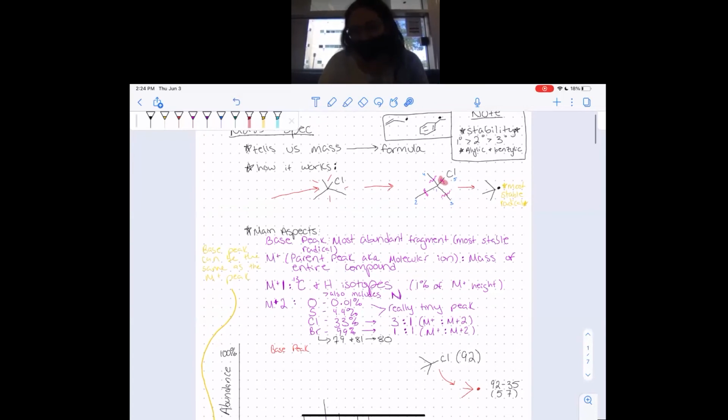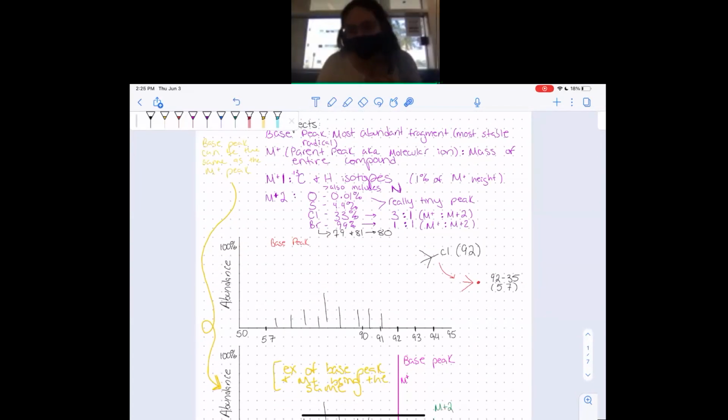Anywho, yes, I can definitely explain the bromine thing again. Bromine has two isotopes that are equally abundant in nature. Those two isotopes have a mass of 79 and a mass of 81.